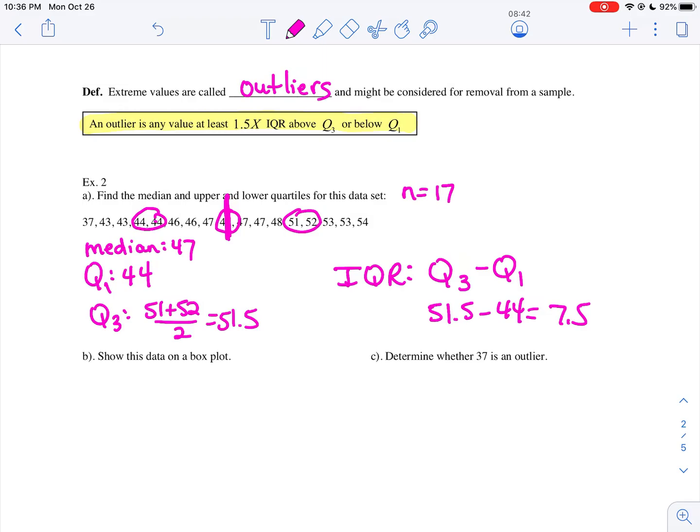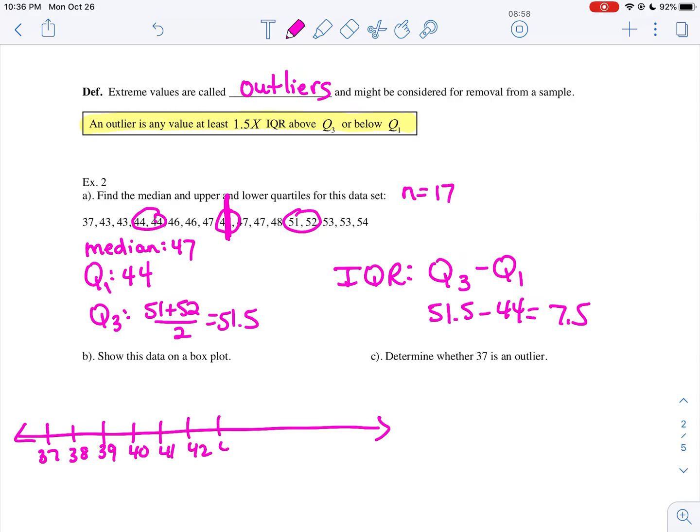All right, so watch what we're going to do on a number line here, okay? So I'm going to start 37, 38, 39, 40. Yikes, you know what, guys?